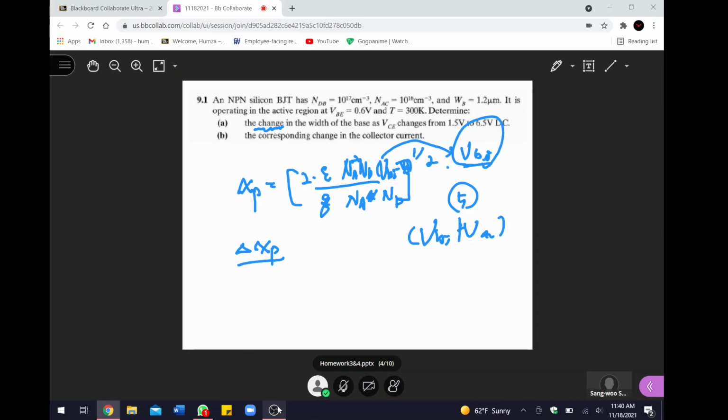Initially WB is at 1.2 micrometers. Then if you put this in, WB2 is going to be such a number, right?